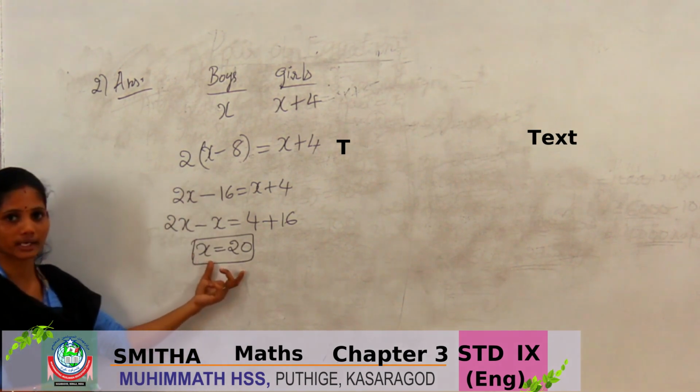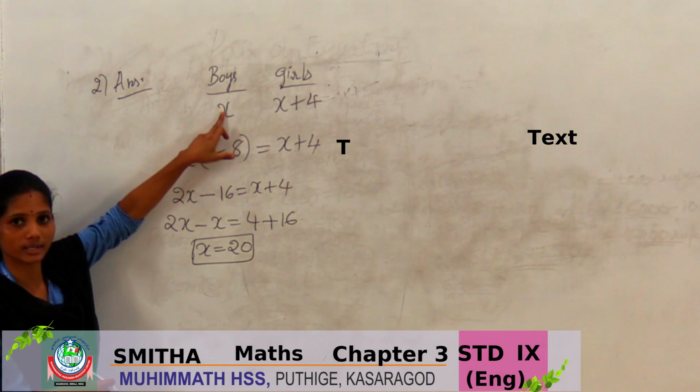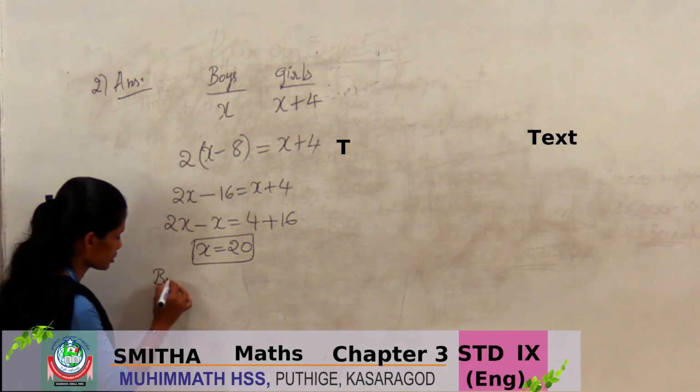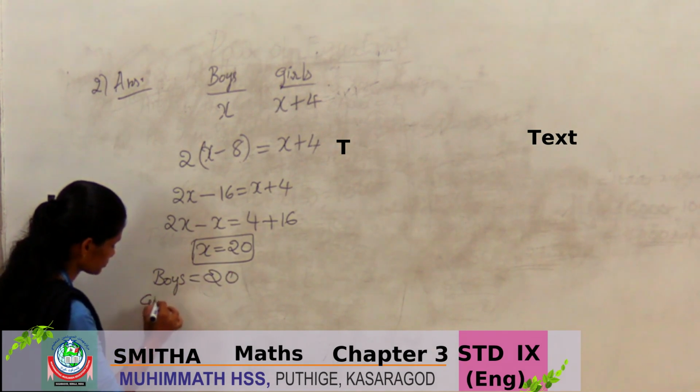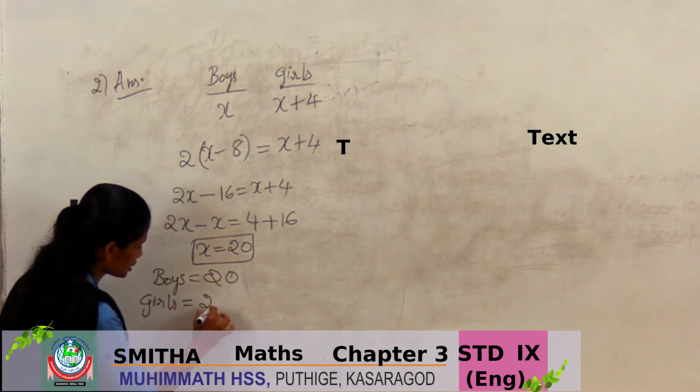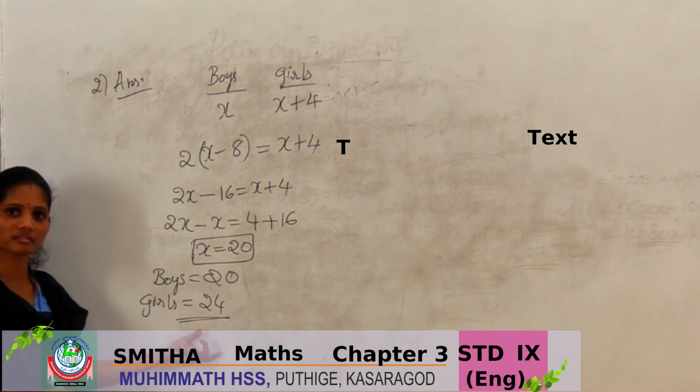X equals 20. What is this x? X is the number of boys. So, the number of boys is equal to 20. Therefore, the number of girls is equal to 24.